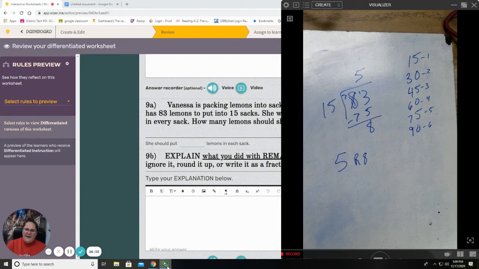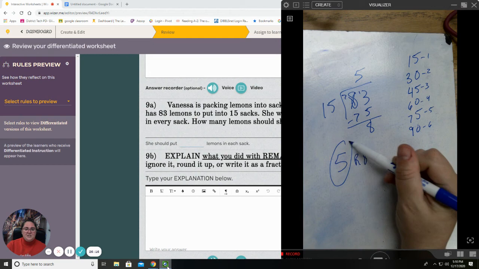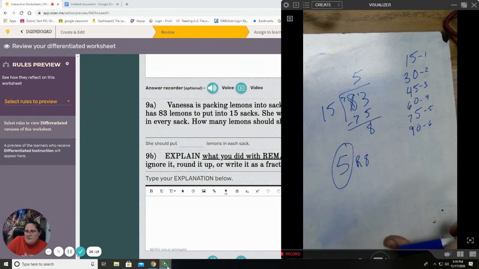Should I make it into a fraction? Can I put 8/15 of a lemon? If I'm going to a farmer's market, do I really want my lemon already cut so it can dry out? Probably not. What I would do is I would probably just take those 5 and I would ignore the remainder.